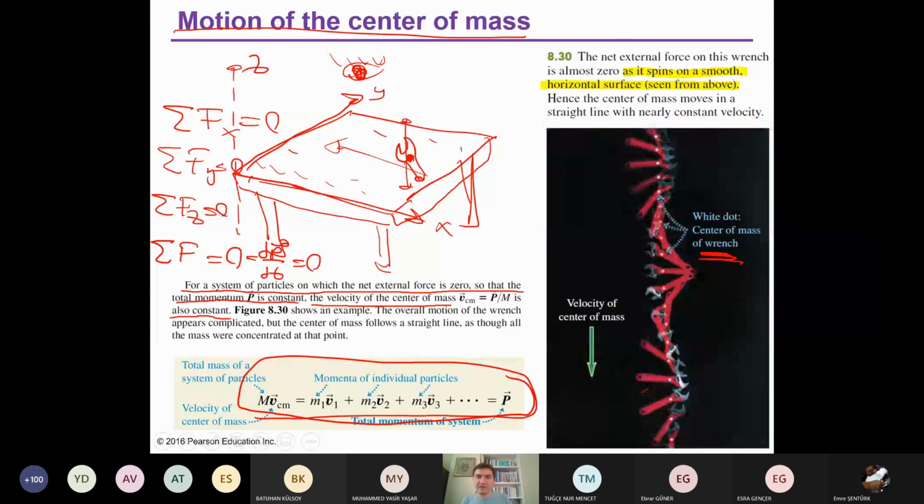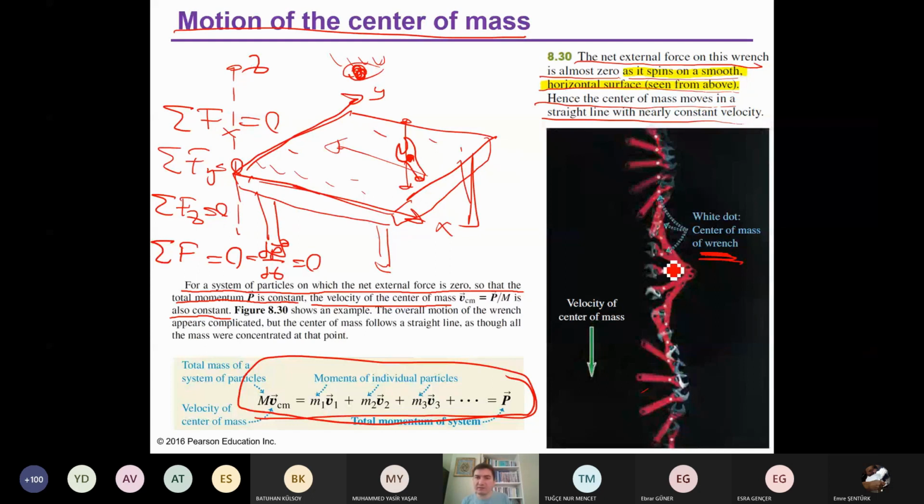The net external force on this range is almost 0, as we have already discussed, as it spins on a smooth horizontal surface seen from above. Hence, the center of mass moves in a straight line with nearly constant velocity.